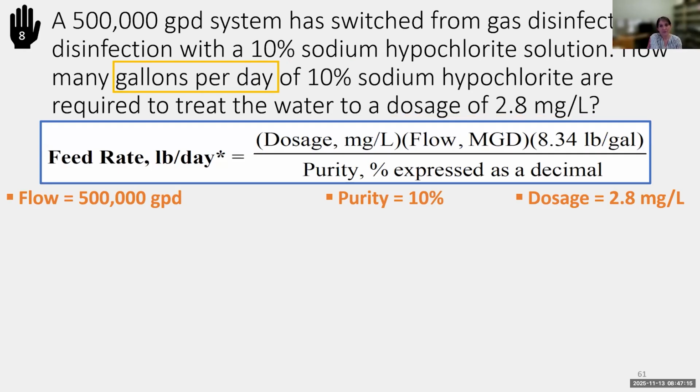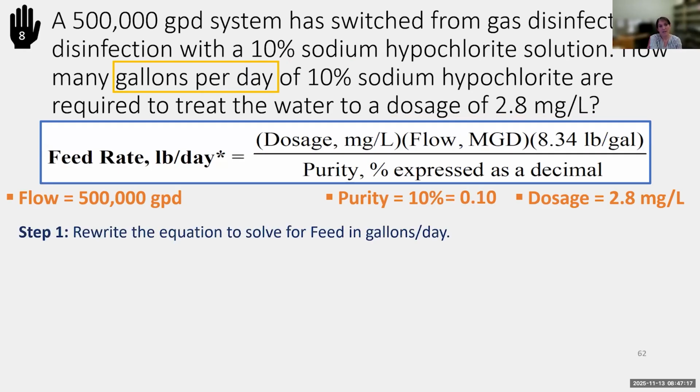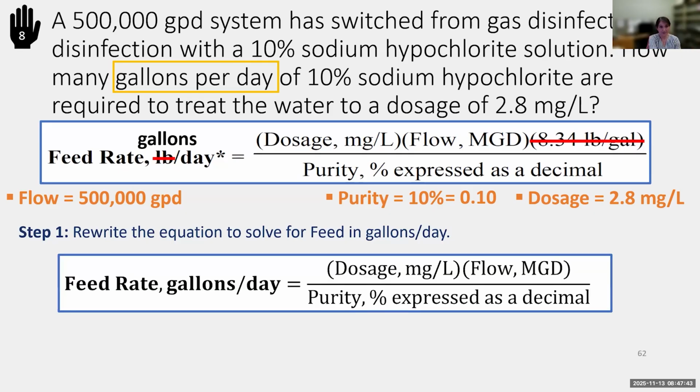All right, so for our first step, we are going to rewrite the equation to solve for feed in gallons per day, because our feed rate is currently set up to calculate pounds per day. So we have those pounds, we want to replace it with gallons, and if you remember from before, the easiest way to go about doing that is to just get rid of the specific weight of water in the equation.